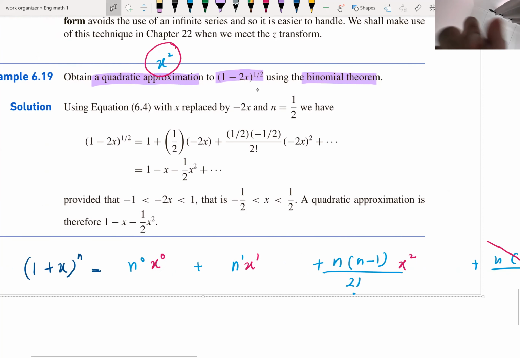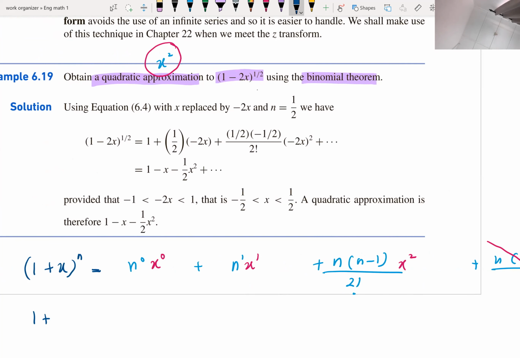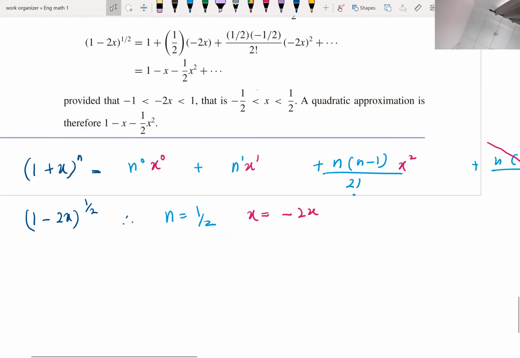Now given here is 1 minus 2x, to the power of 1 over 2. Therefore n here is 1 over 2, and x here is negative 2x. So we have to convert n and x here.